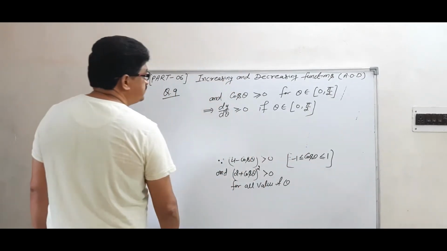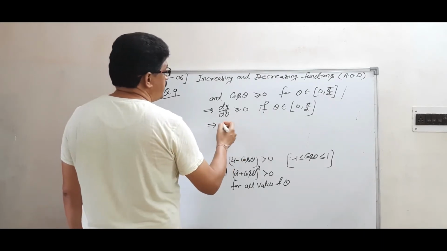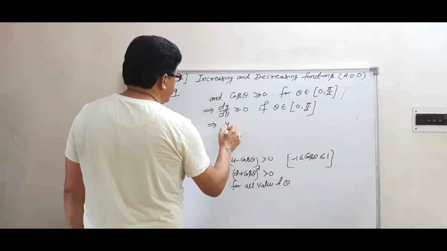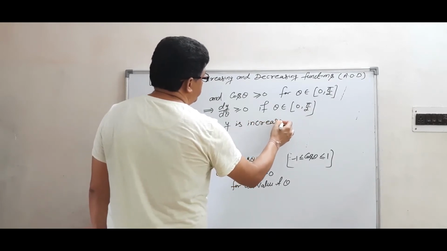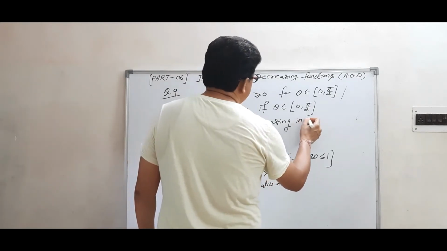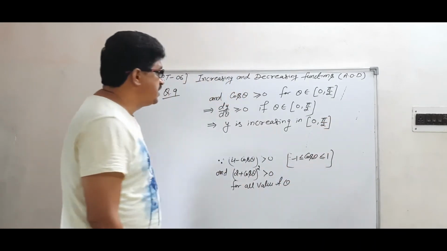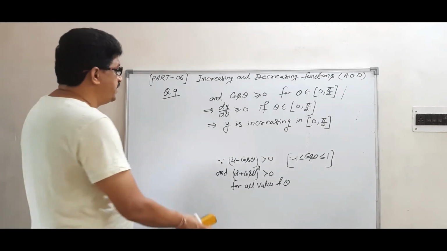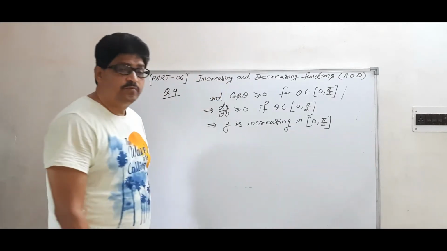This implies y is increasing in the interval 0 to pi by 2. So we can say this function is always increasing in the interval 0 to pi by 2.